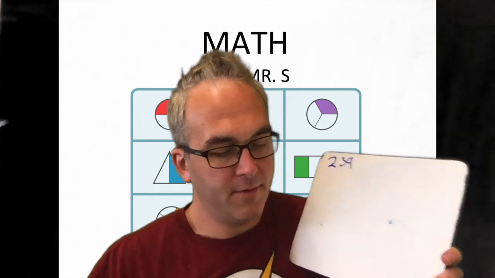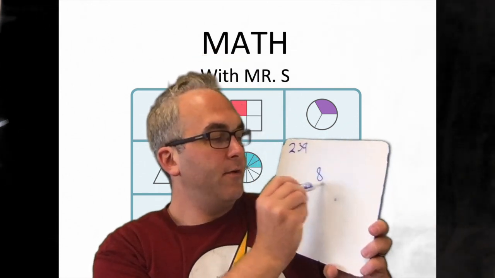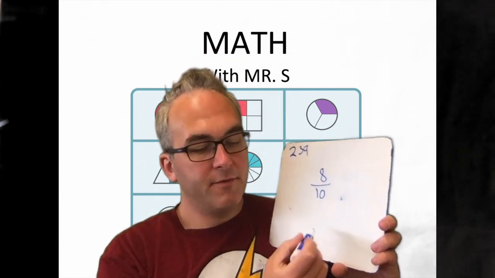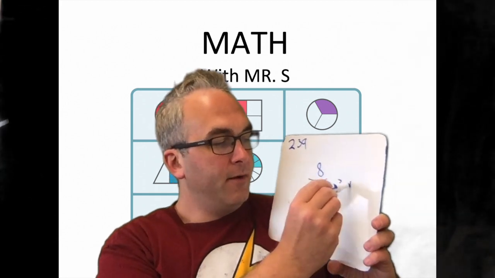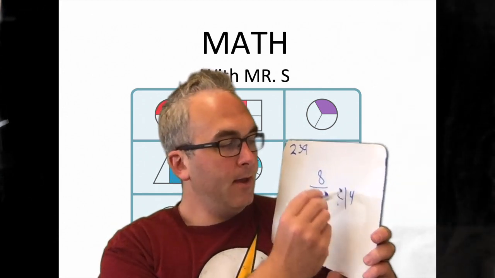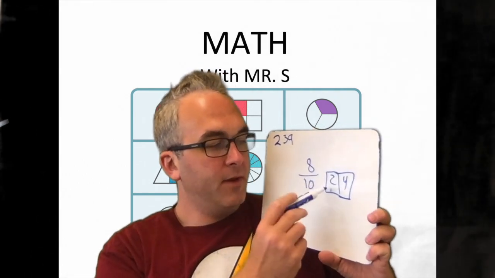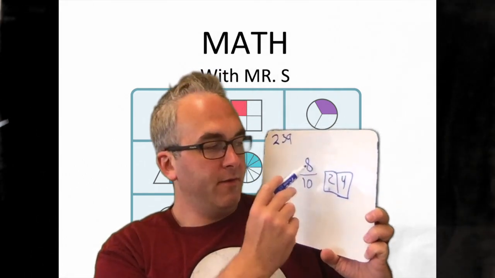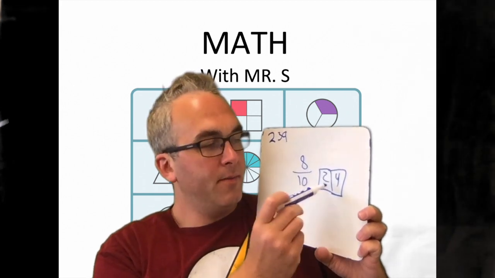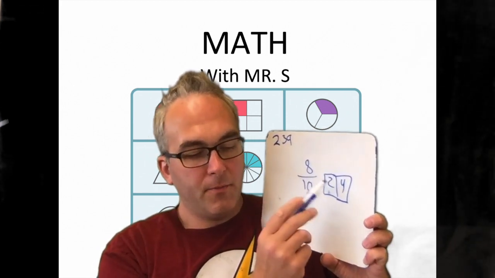So we have 8 over 10, and the numbers that it gives us are 2 and 4 again. Now I already know that it can be divided by 2 because they're both even, so I know that one would work.